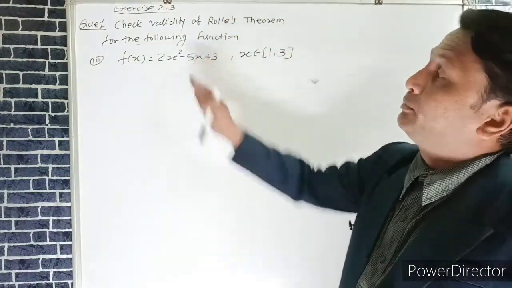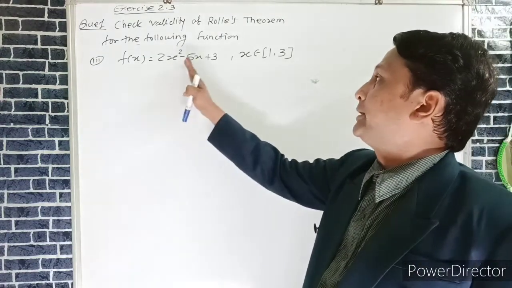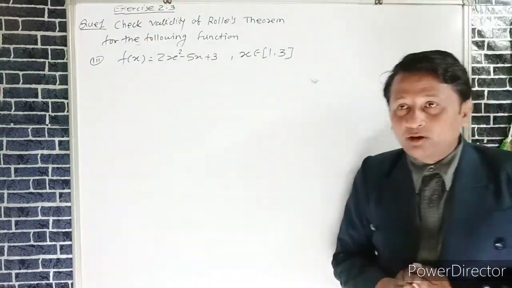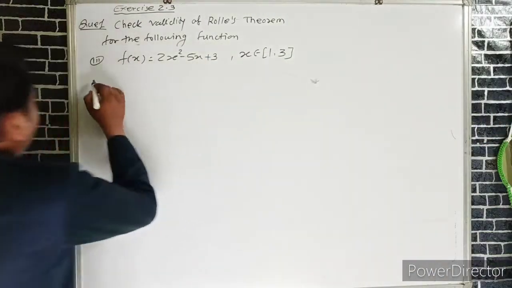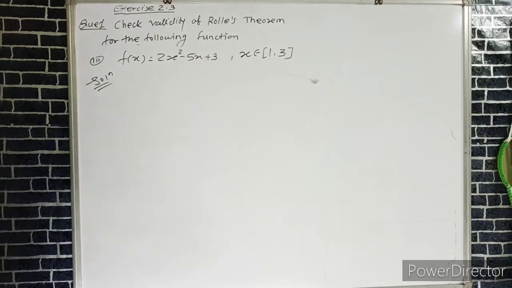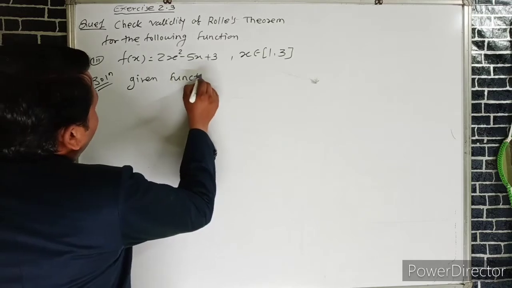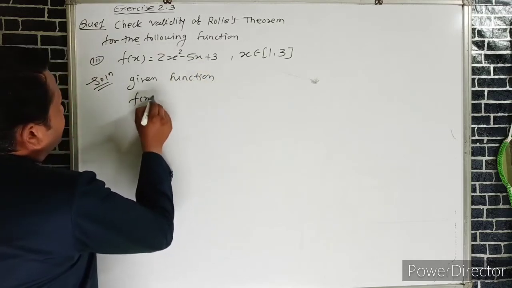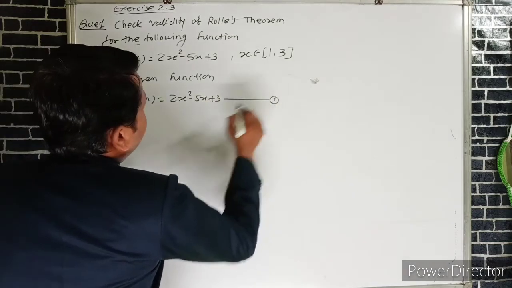So next, example number 3, the function is 2x square minus 5x plus 3 and x belongs to 1, 3. If we have to check the validity of Rolle's theorem, first we write the given function f of x is 2x square minus 5x plus 3, which is in polynomial form.